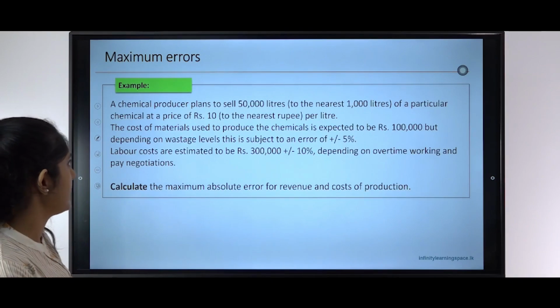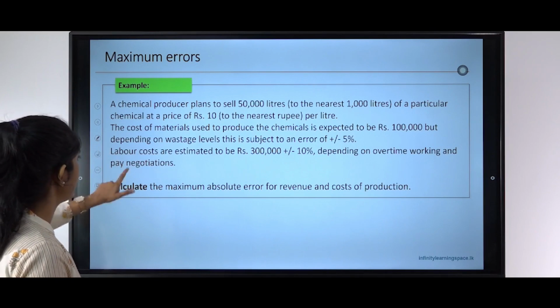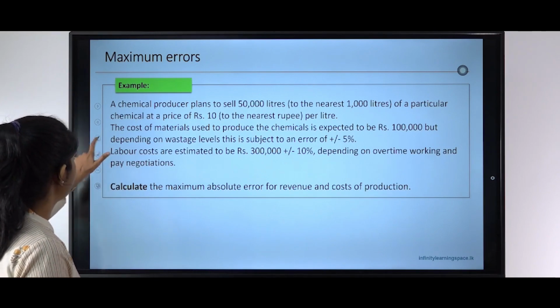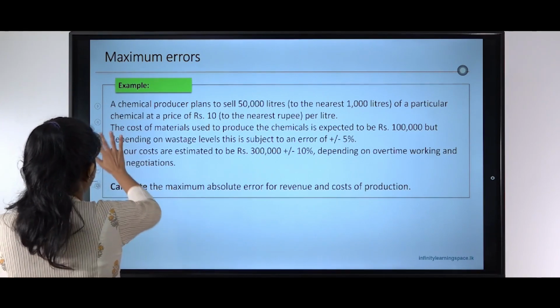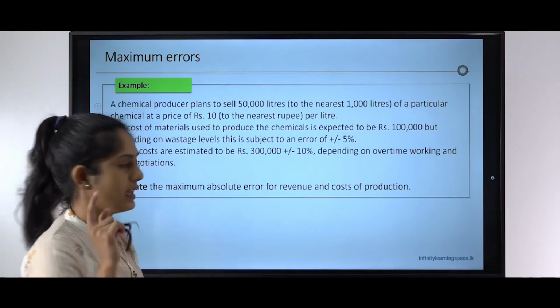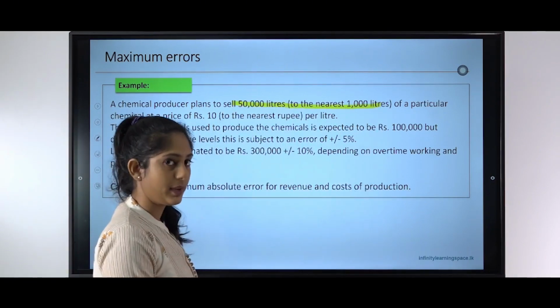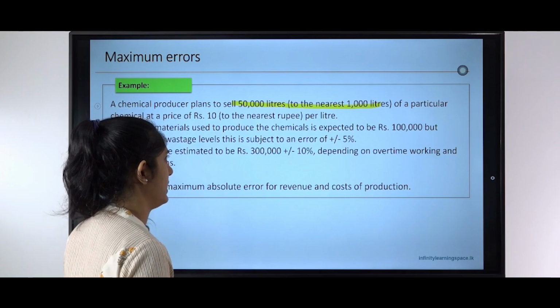So we look at another example. A chemical producer plans to sell 50,000 liters, rounded to the nearest 1,000 liters. Remember, nearest 1,000, right?